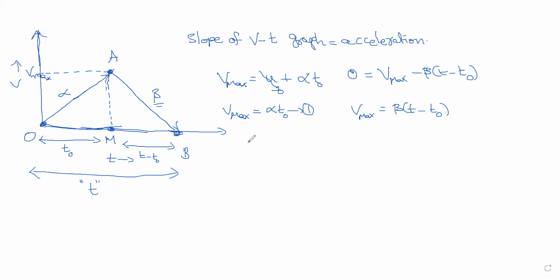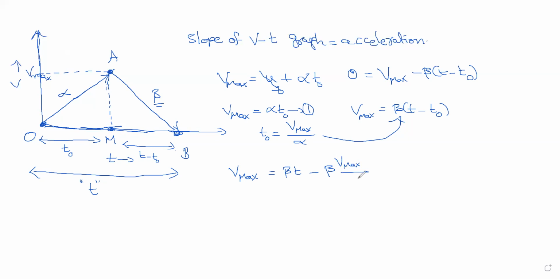So what we have to do is eliminate T naught. T naught is equal to Vmax by alpha. This we will put here. So Vmax is equal to beta T minus beta into Vmax by alpha.